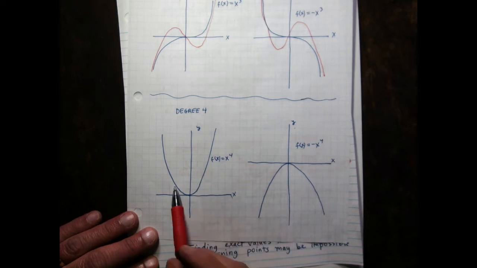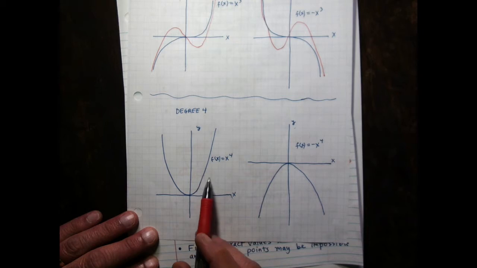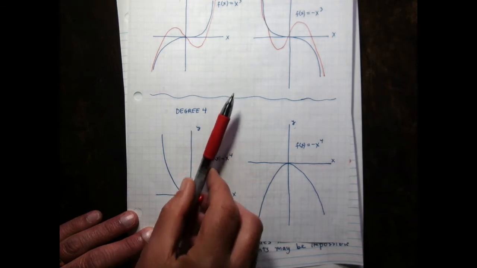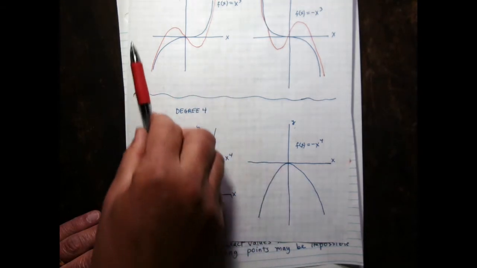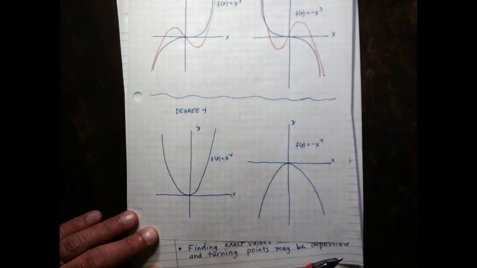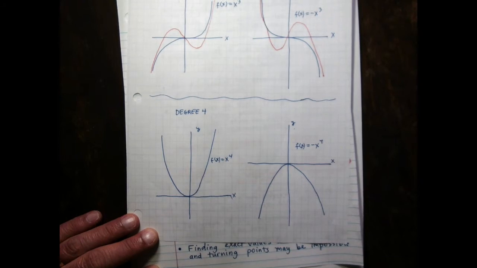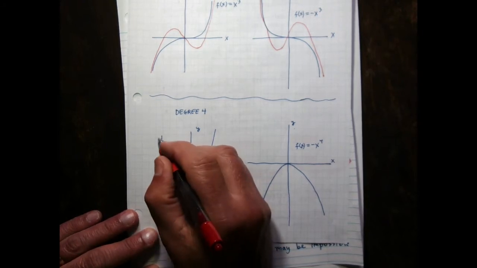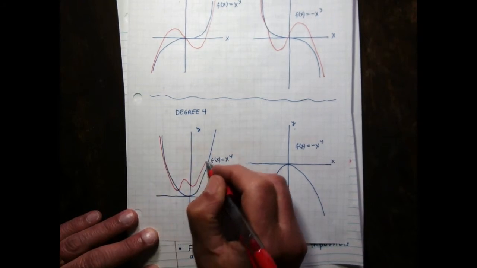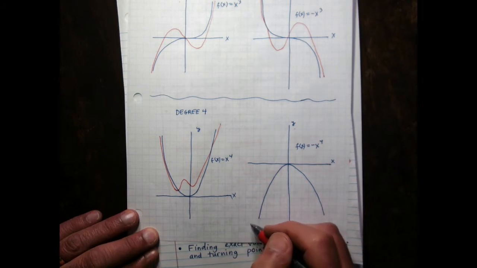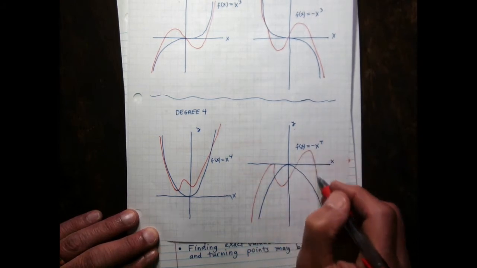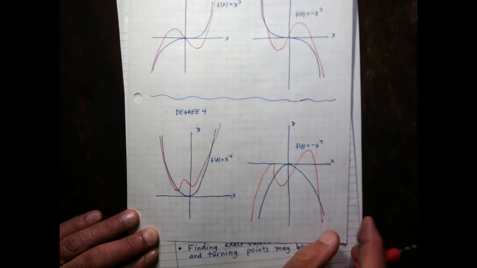So I think you can see with an even degree polynomial, the end behavior is either f of x approaches infinity at both ends or minus infinity at both ends. And you might have a wiggle like that with degree 4, or you might have a wiggle like that with degree 4, but the end behavior matches one of those two.